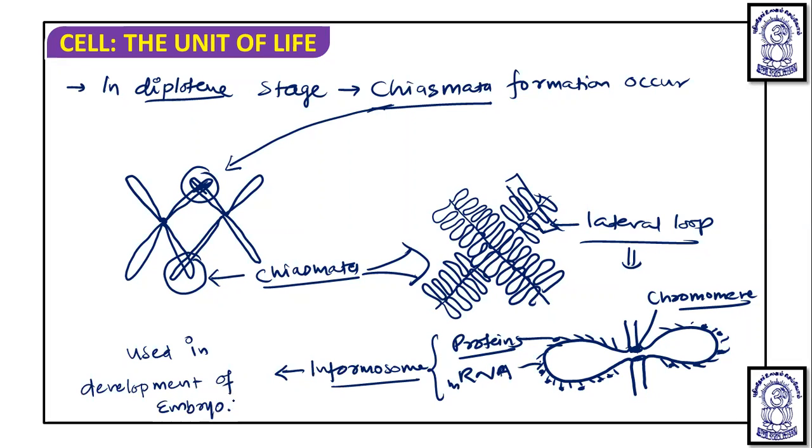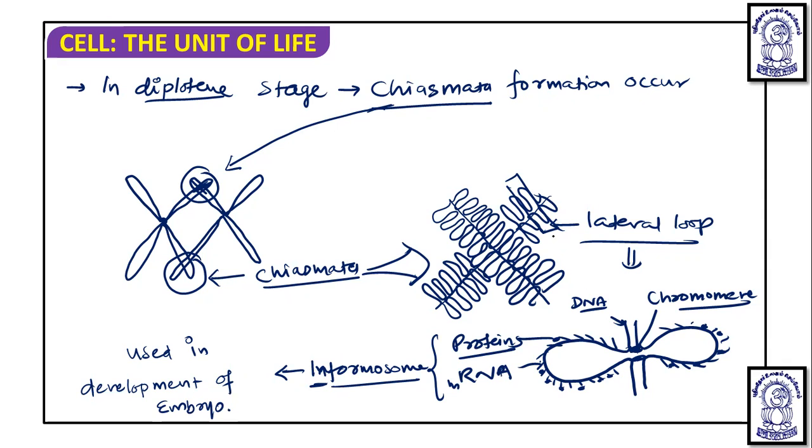So this is what particularly we can say about the informosome. Here the main axis is made up of DNA. DNA forms RNA, and RNA has proteins, and that all together forms the informosome.